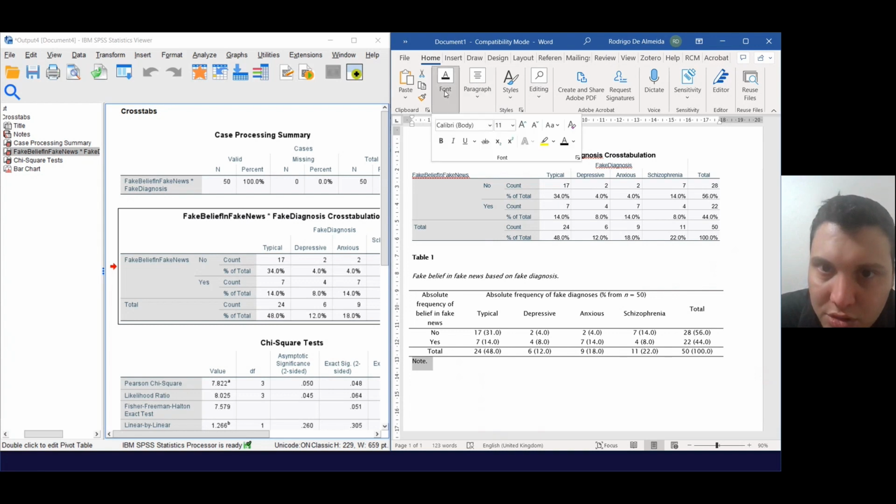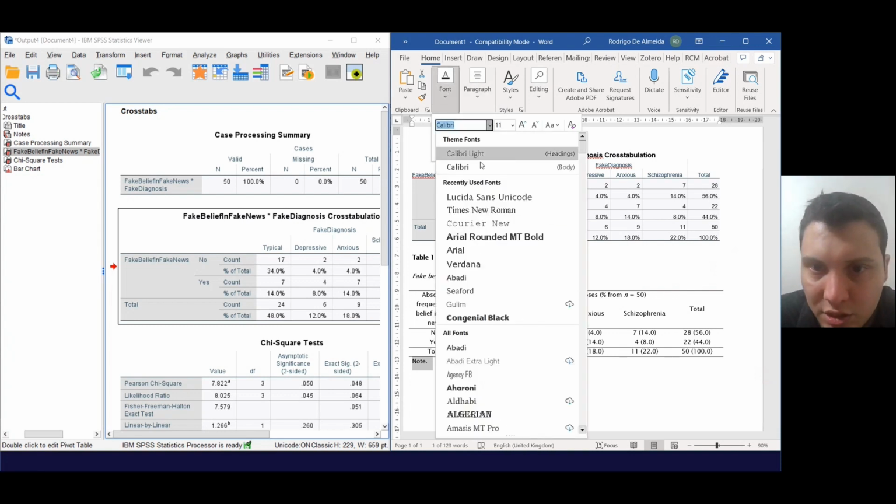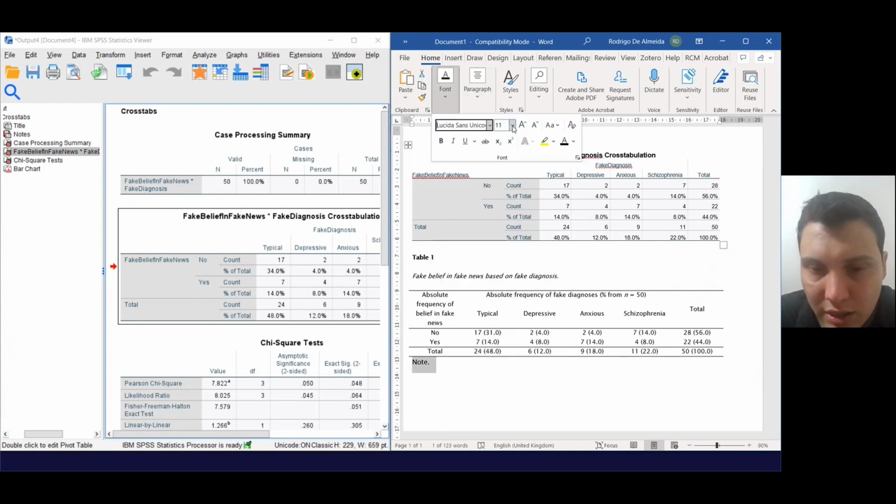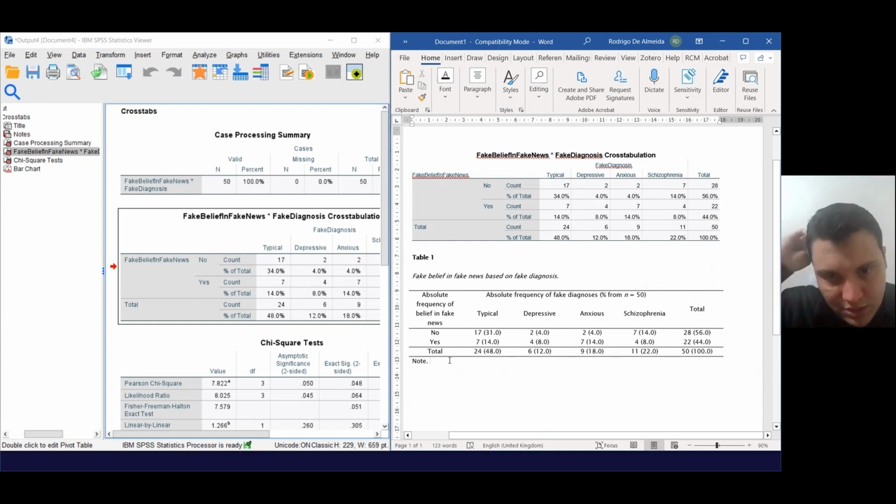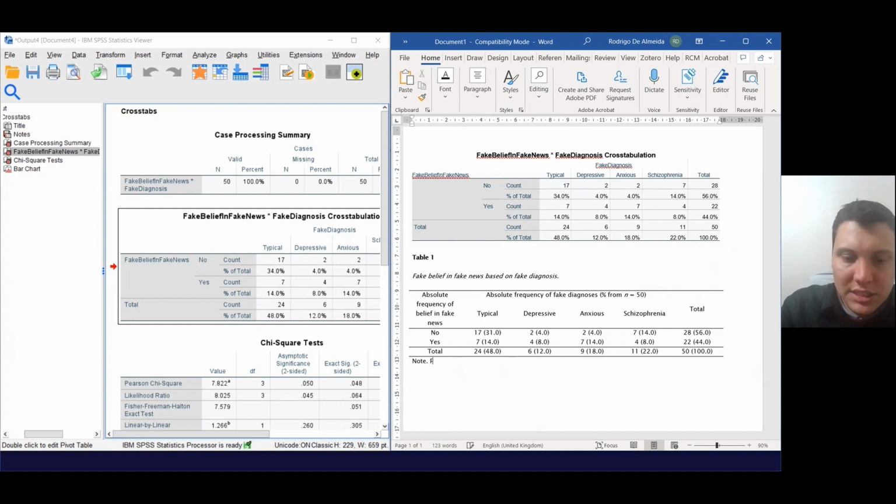The note has to follow the same standard. If we decide for a font, we have to follow the font across the whole document as our default. In our note, general note for the whole table, we can say that percentages reflect the whole sample.